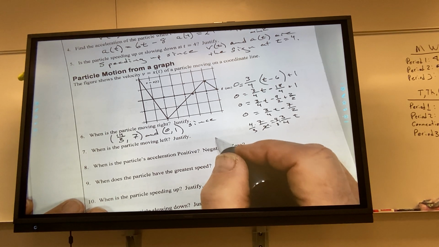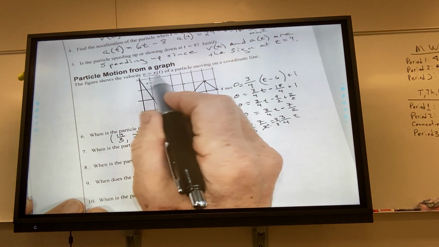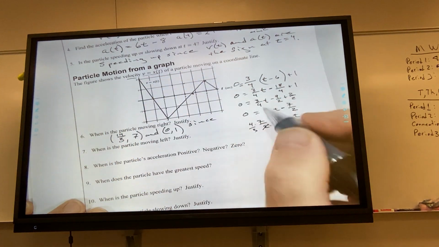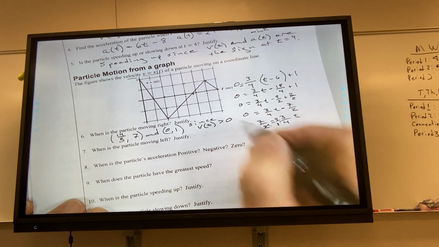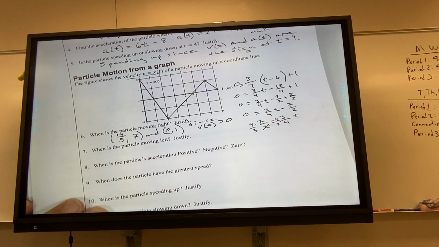Positions. Velocity. It's velocity. Since v of t is greater than 0. That's my justification.